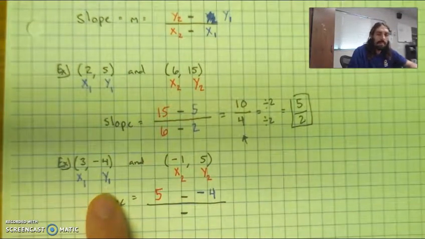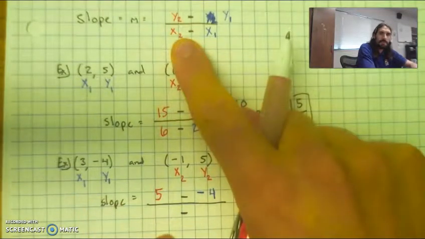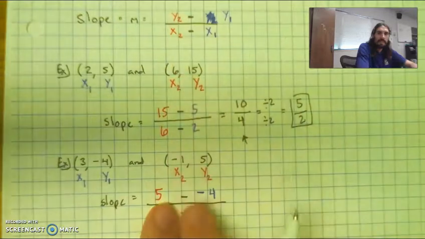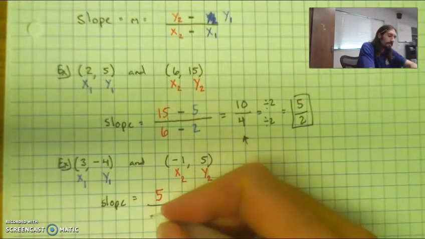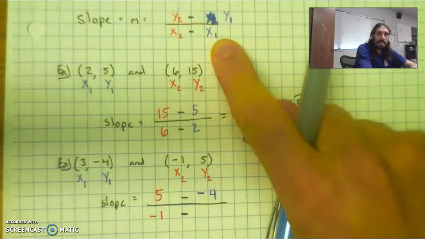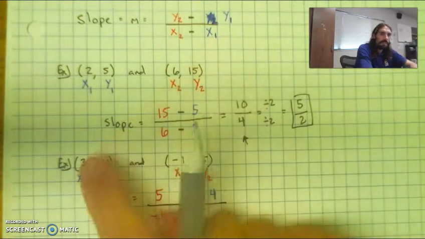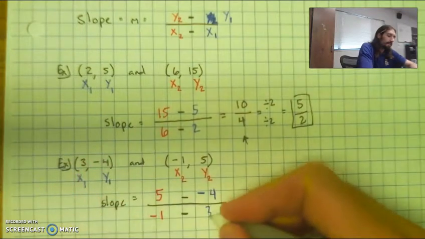Okay. Second row, I start off and I need an x2. So when I come down here, x2 says that it should be a -1. And then finally, to finish out my formula, I need x1. So if I come over to x1, I see that it is the number 3.